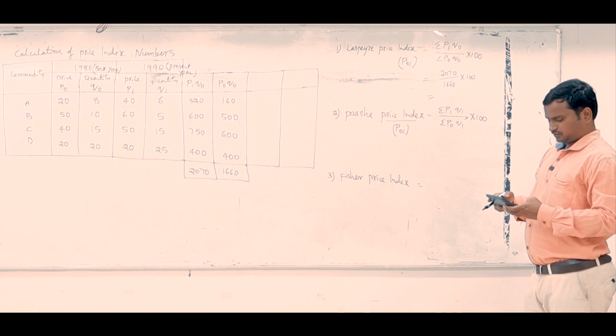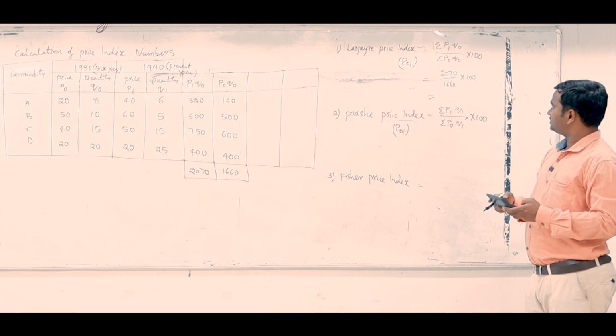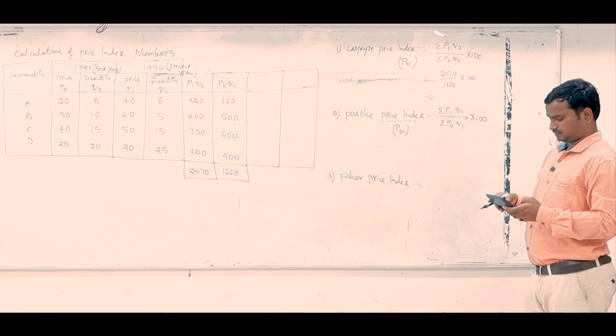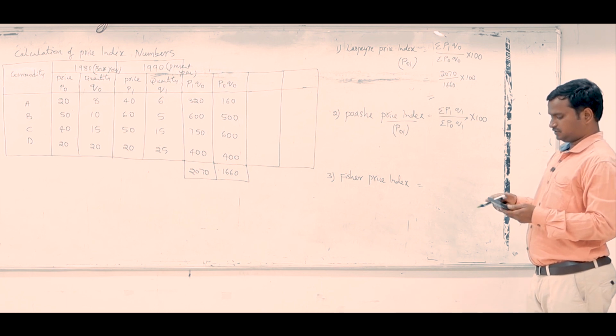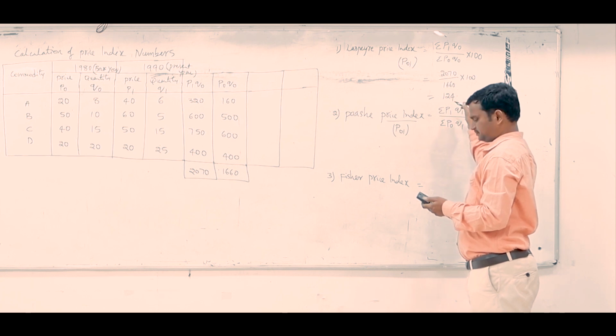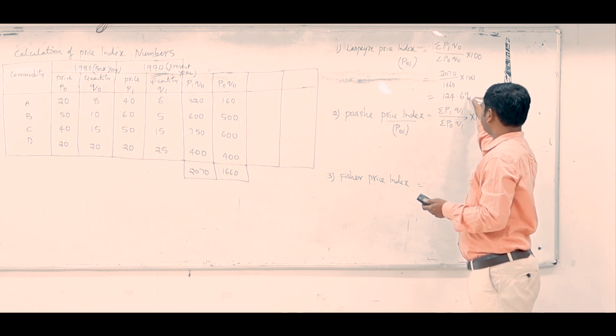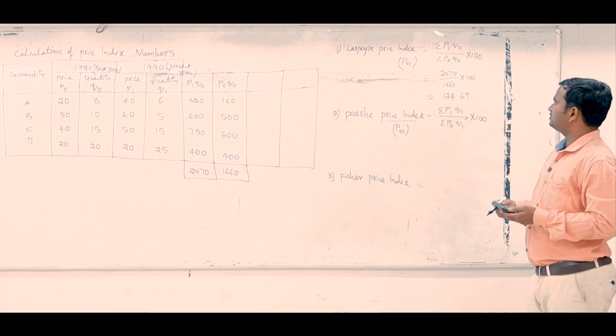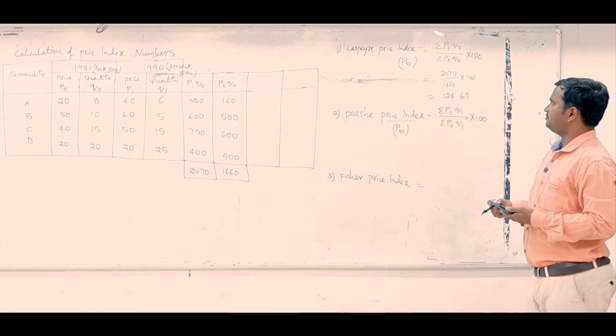So 2070 divided by 1660 into 100. So it will be 124.69. So that is the price index number under the Laspeyres method.